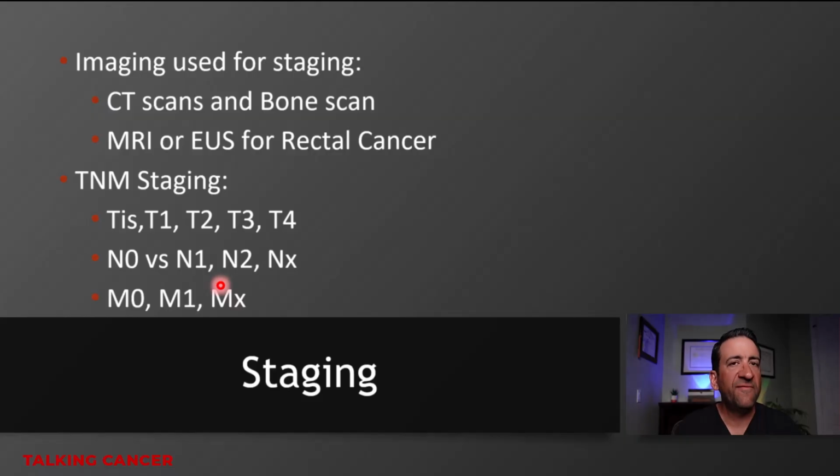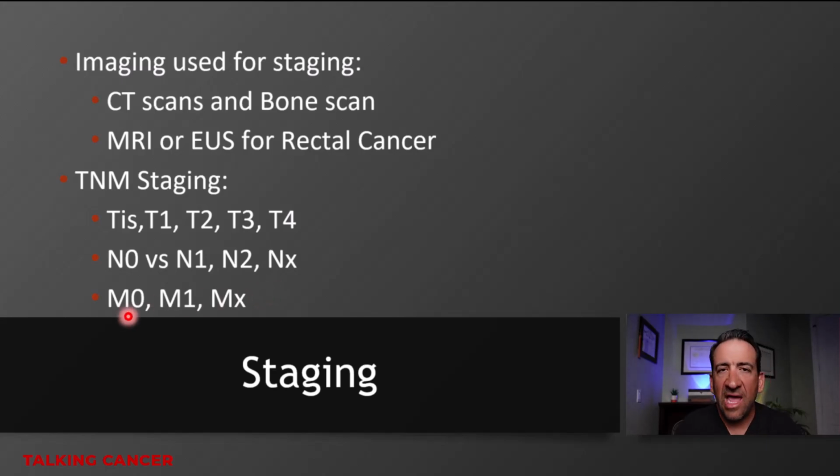And again, the more lymph nodes you have involved with cancer, the worse it is. It's just common sense. NX simply means that lymph nodes could not be assessed. So maybe you had surgery, they removed the area, but the pathologist did not find lymph nodes for whatever reason. So that's what the NX means if you have an NX on your pathology result.